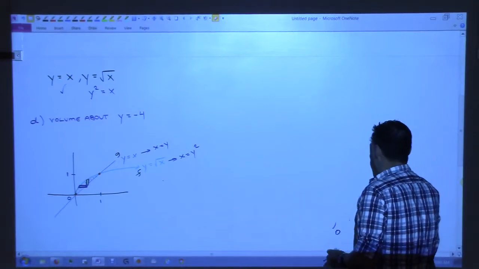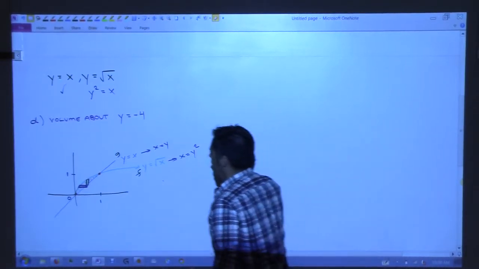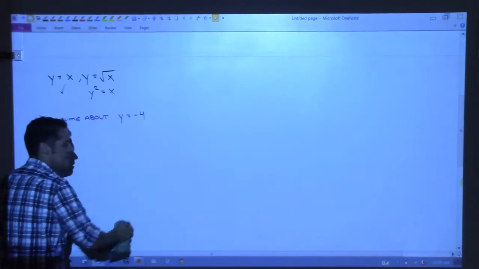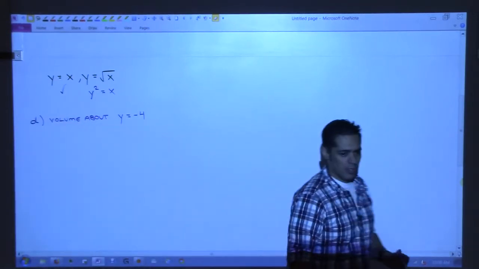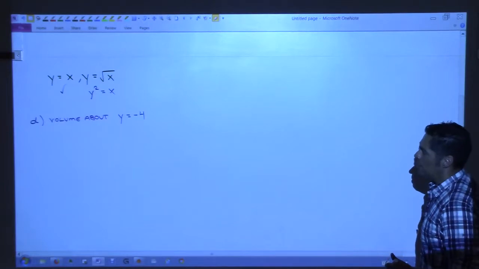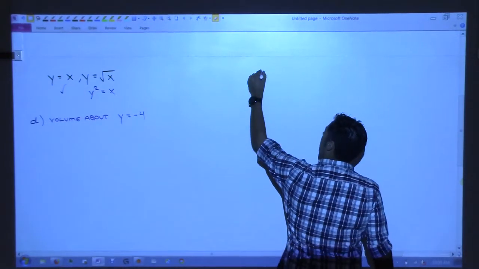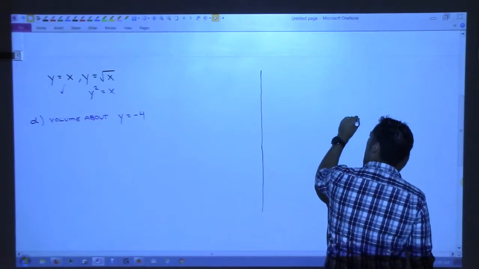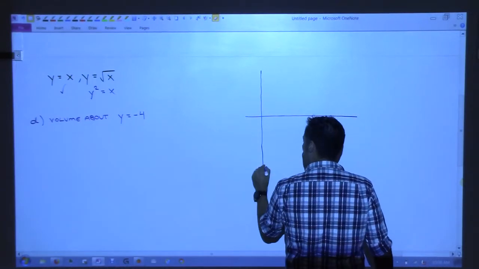Now, once I start rotating regions around things other than the x and y axis, I like to really take my time with the picture to make sure I've got it, all right? So I'm going to draw this. Continue this down. So -4 is down here.